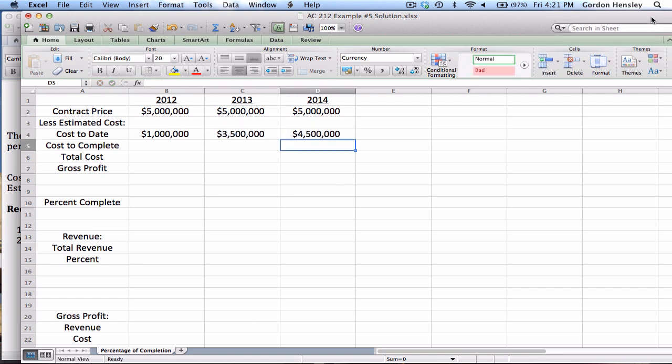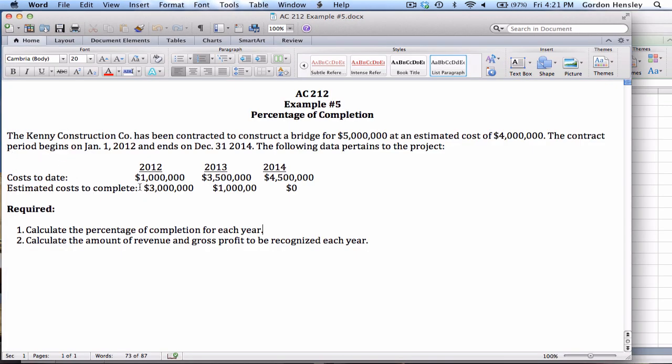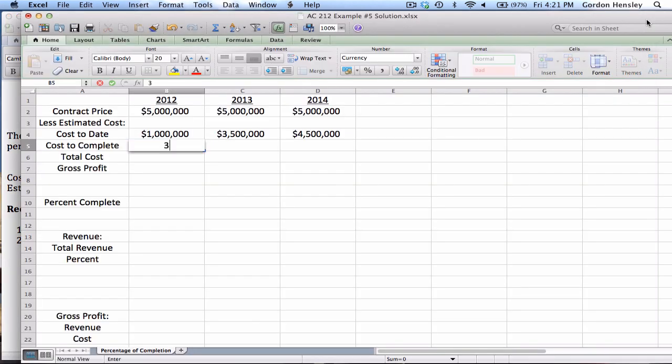So that's just information that was given to me in the problem. And then cost left to complete, 3 million, 1 million, and 0. So 3 million in the first year, 1 million in the second year, and 0. So that just plugs in the information that we were provided.